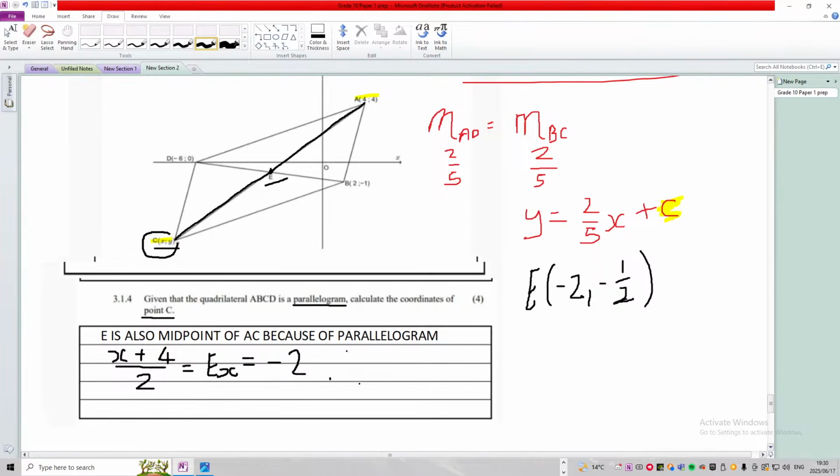This plus that divided by 2 gives me E's x coordinate. So we have x plus 4 over 2 equals minus 2. Then I multiply by 2 on both sides.